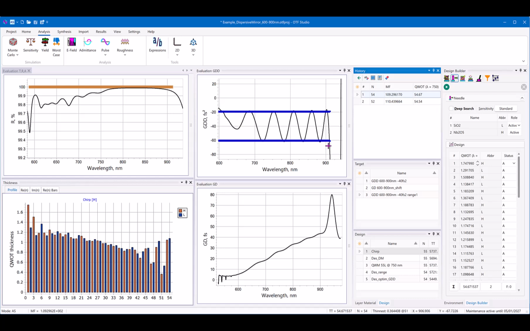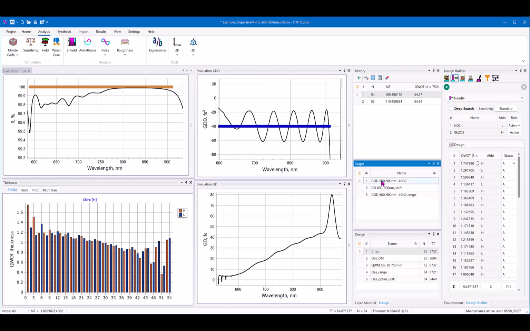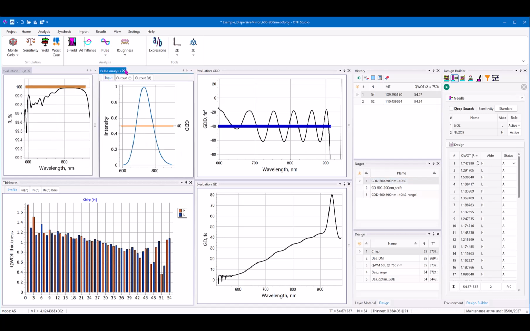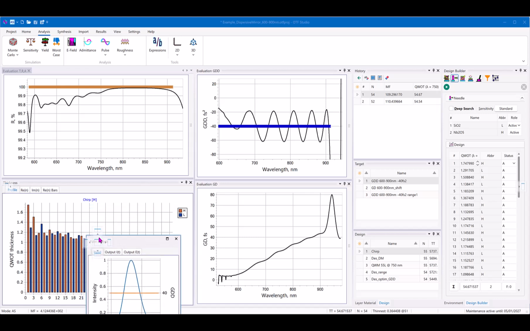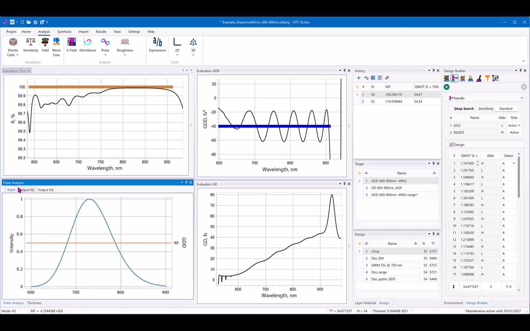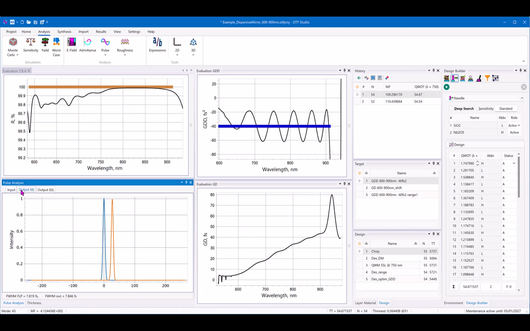Let's verify this design using the same feature, pulse analysis. I return to my previous target, open the pulse analysis panel, and analyze output intensity.